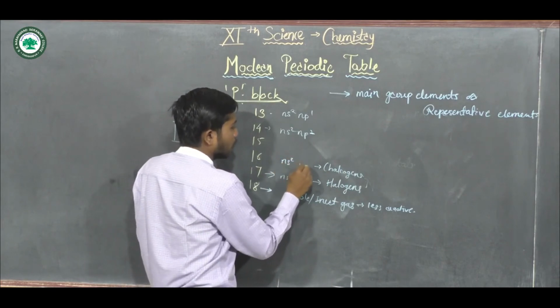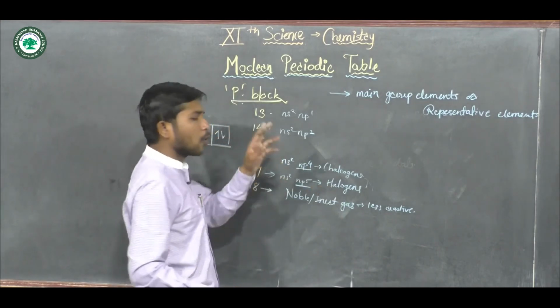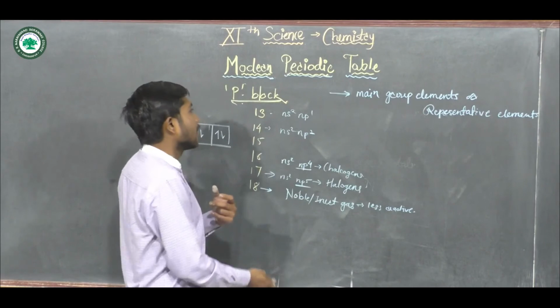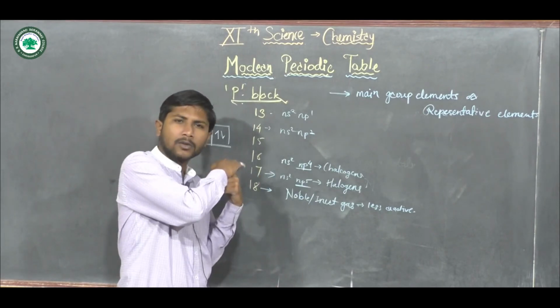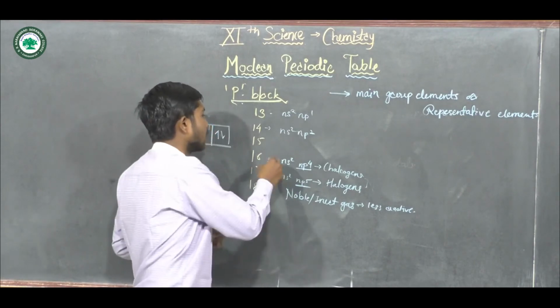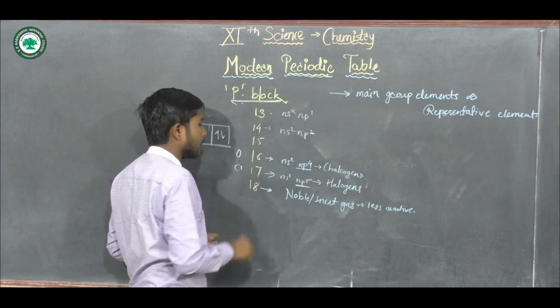Here, if we see the general electronic configuration, both are readily available to accept the electrons donated by the highly reactive alkali metals. Here we can see this is the oxygen family, this is the chlorine family, or halogens.